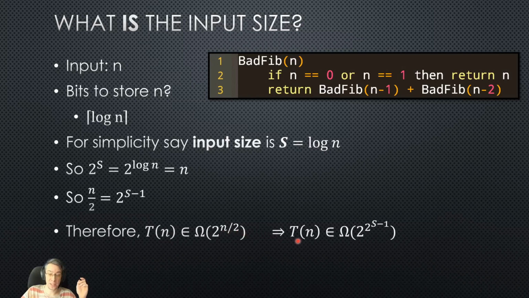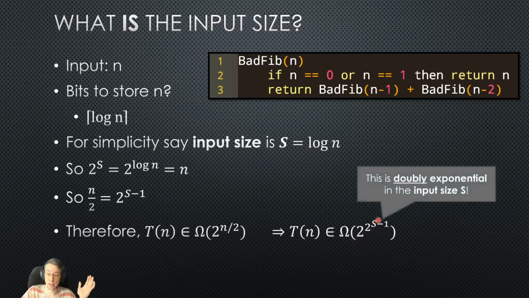What's n over 2? It's 2 to the s minus 1. So it's 2 to the 2 to the s minus 1. So it's not on the order of 2 to the s, which would be exponential in the input size. It's on the order of 2 to the 2 to the s minus 1. This is doubly exponential in the input size.